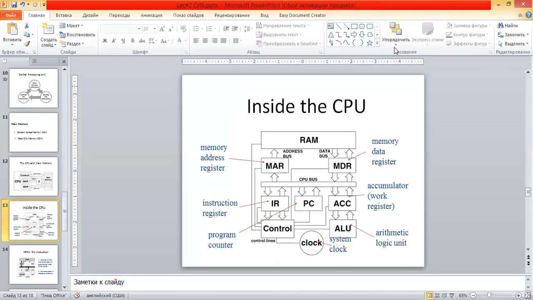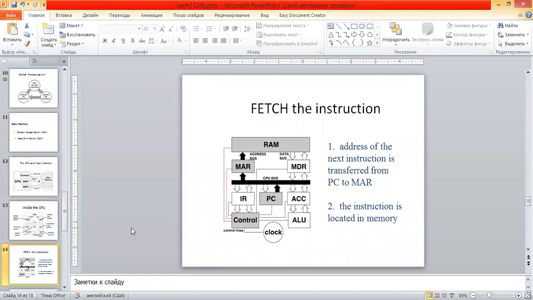Inside the central processing unit: memory address register, memory data register, instruction register, program counter, accumulator, system clock, arithmetic logic unit. Fetch the instruction. First, the address of the next instruction is transferred from the PC to the MAR.